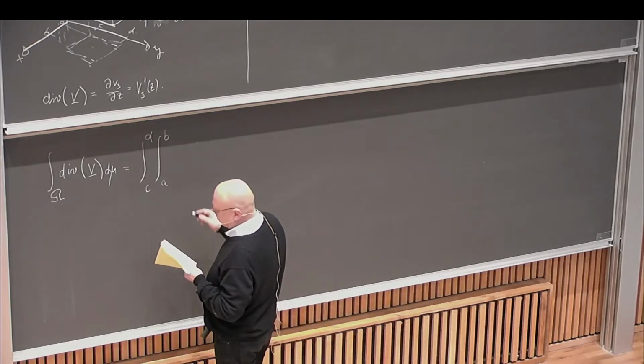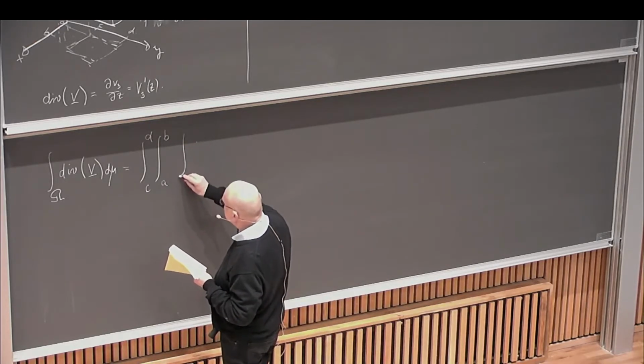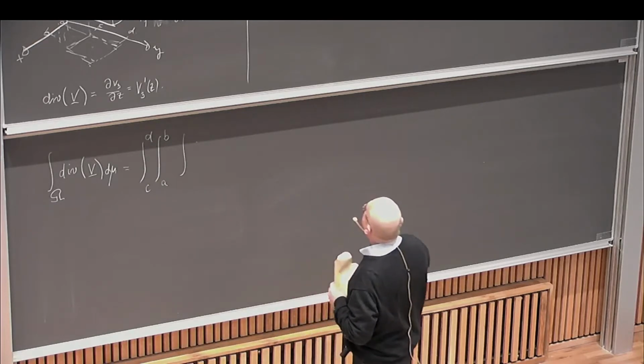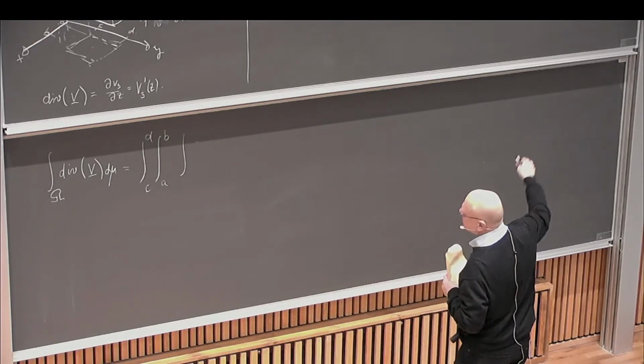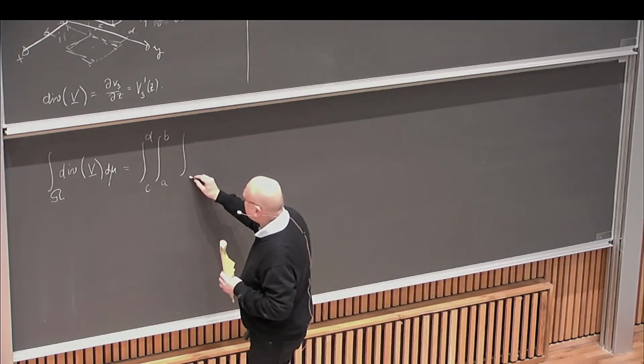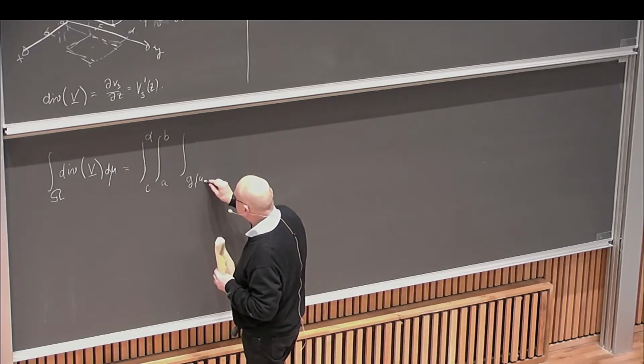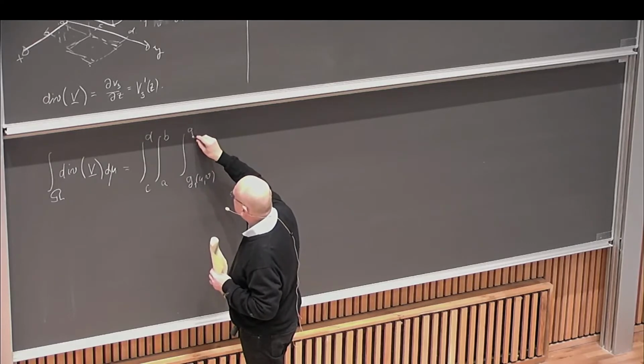And in the w parameter, w goes from g1 to g2, so the lower limit will be g1, and the upper limit will be g2.